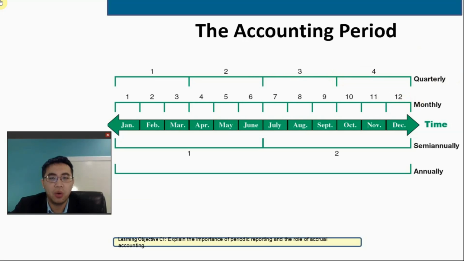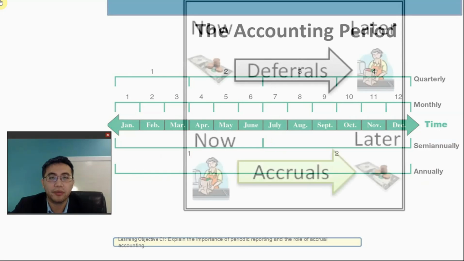And also you will need to pay your bond investors the coupons every semi-annual period or every 6 months, and you will file your taxation every year. So we have a different frequency for different accounting activities or transactions that have influence on our account keeping.